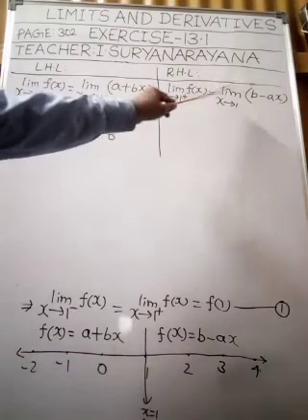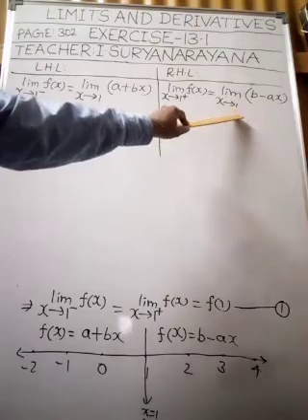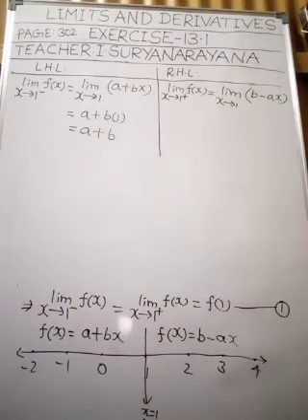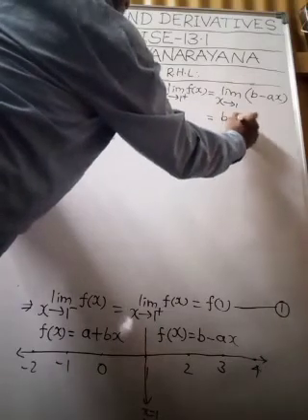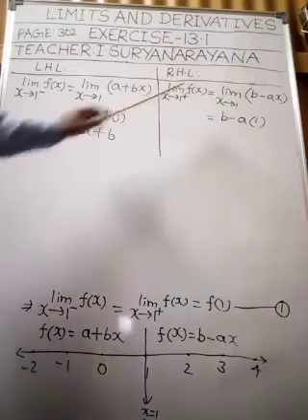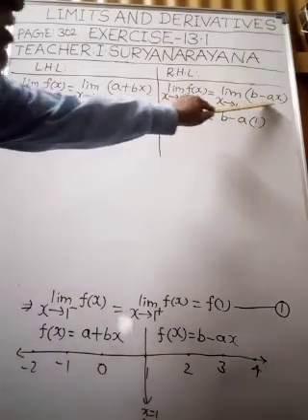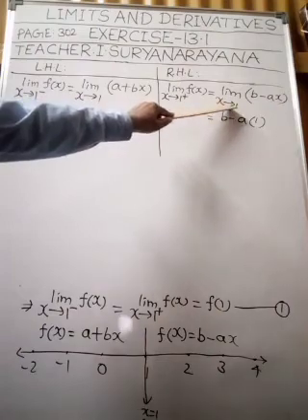After that, we find the limit of this function as x approaches 1 by using the substitution method. So b minus a into 1. I substituted x equal to 1 in this function because x is approaching 1.